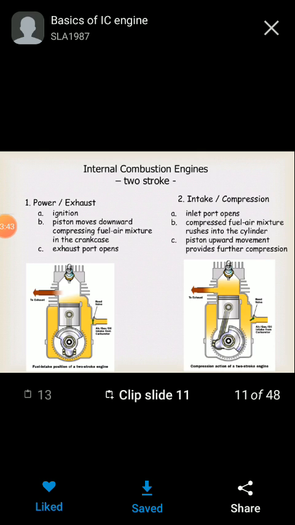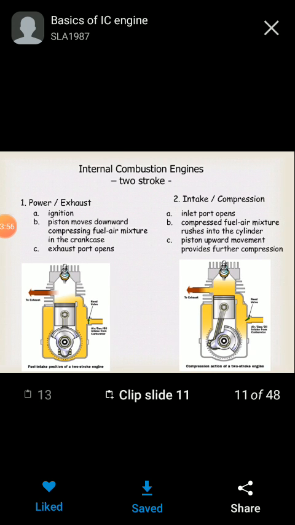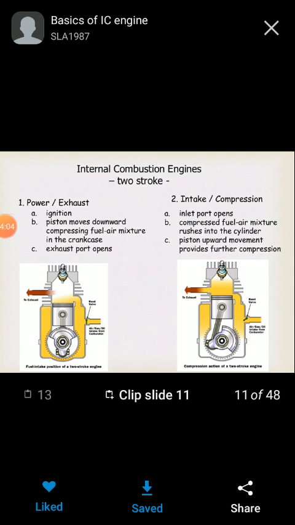In process C, the exhaust port opens. Then the intake and compression stroke: first, the inlet port opens. Second, the compressed fuel-air mixture rushes into the cylinder, and in process C, the upward movement of the piston provides further compression.